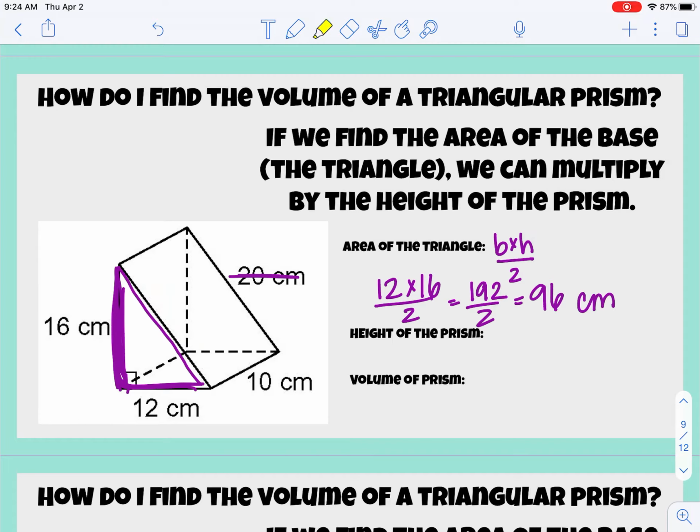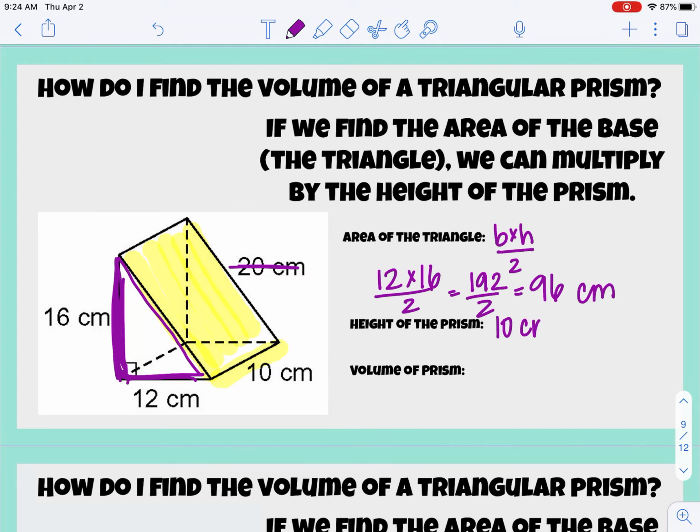It looks like the actual height of our prism, so our triangle stacked on top of one triangle, another triangle, another triangle, is 10. So the height of the prism is 10 centimeters. Then I'm going to take my area of my triangle times the height of my prism, and I end up with 960 centimeters cubed.